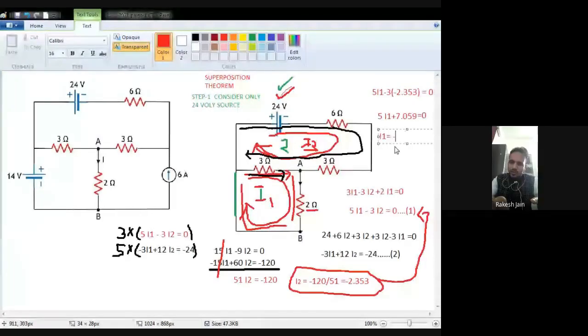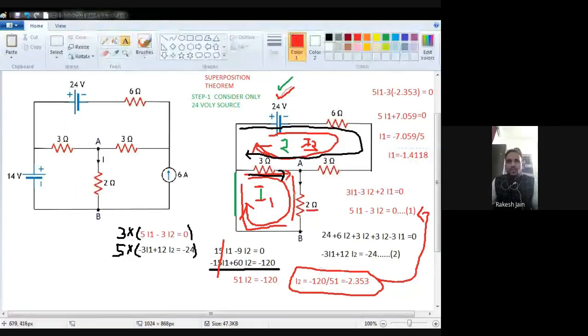Don't consider plus or minus. So multiply the above equation by 3. What is the constant of I1 in the upper equation? That is 5. So multiply the lower equation by 5.